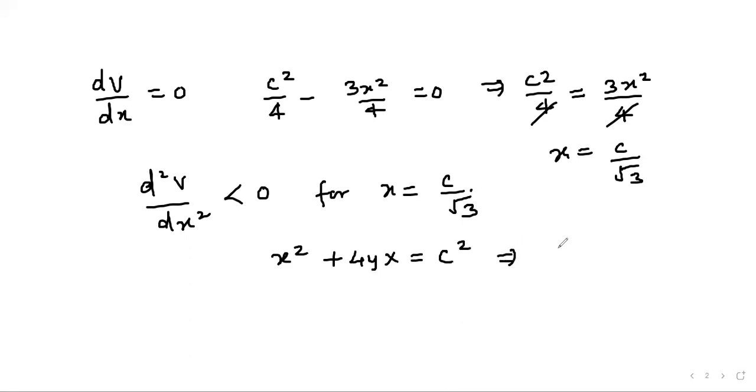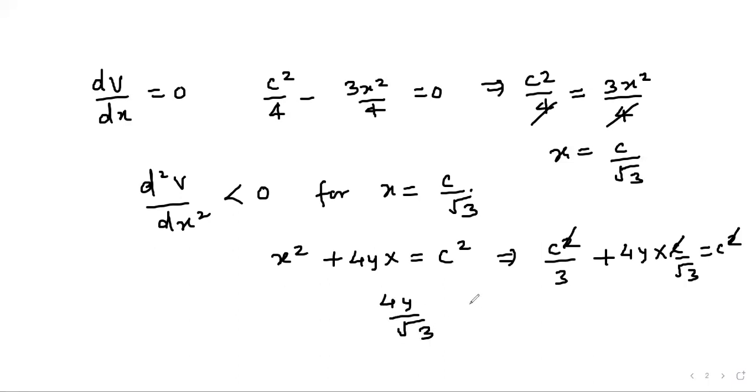So this will give x square, that is c square upon 3, plus 4y times c upon root 3 equal to c square. One c will cancel out from here. So what is left? 4y upon root 3 equals c minus c by 3, that is 2c by 3.